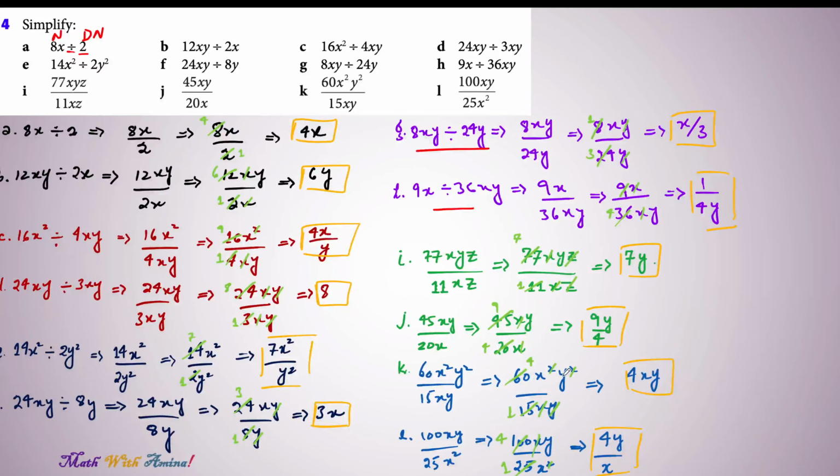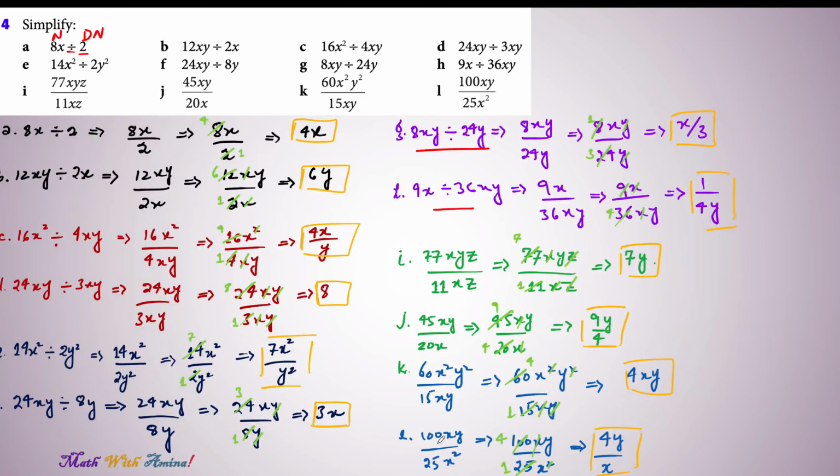Looking into the next variable, we have y square in the numerator and y in the denominator. So y is expressed twice in the numerator because it has power of 2, and once in the denominator because it has the power of 1. So 1 of the y gets cancelled with 1y in the denominator, and this way we will have 4xy as our final simplified term for this expression.